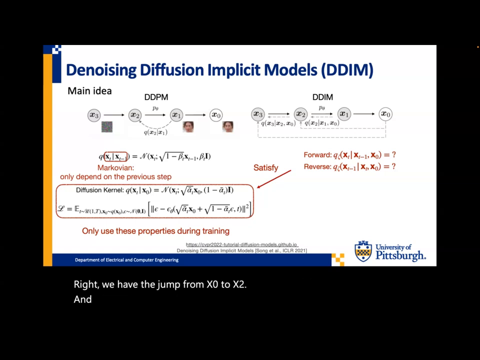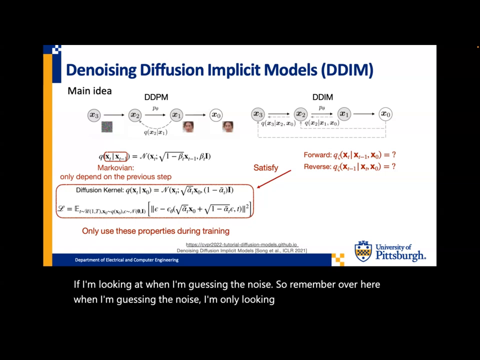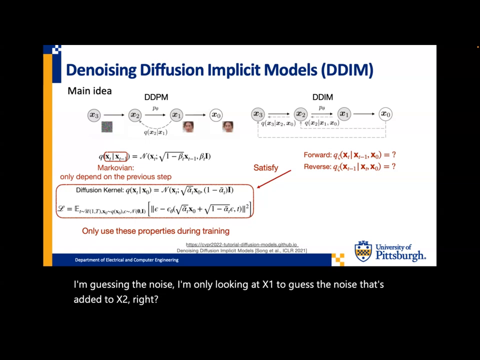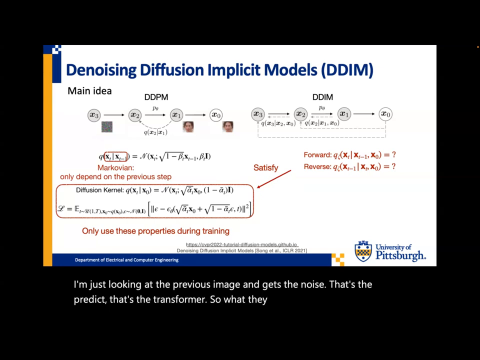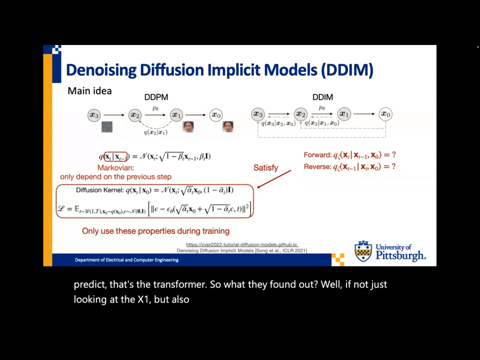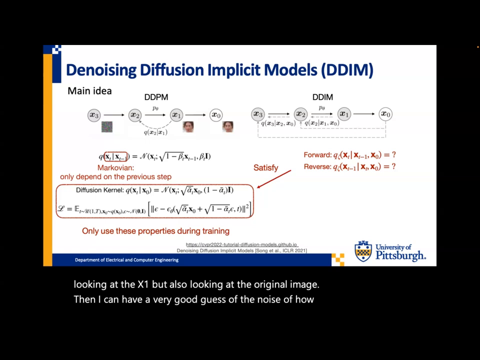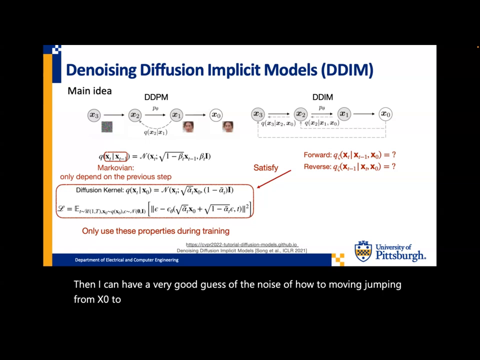And they found that, remember over here, when I'm guessing the noise, I'm only looking at x1 to guess the noise that's added to x2, right? I'm just looking at the previous image and guessing the noise. That's the transformer. But if I'm not just looking at x1, but also looking at the original image, then I can have a very good guess of the noise for jumping from x0 to x2 by looking at both x0 and x1.